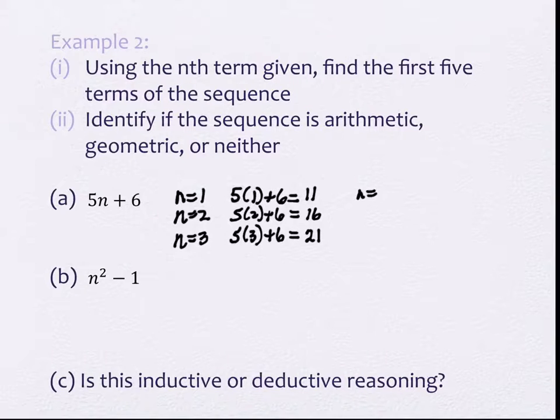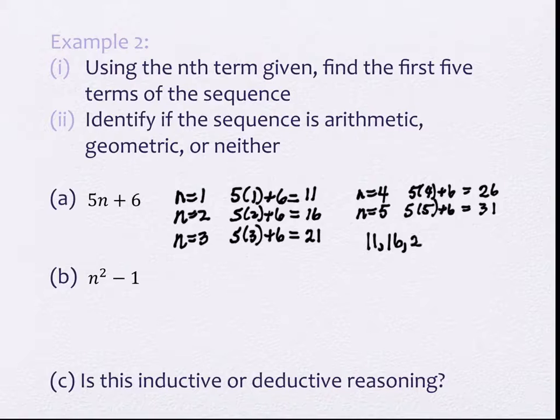How about n equal to 4? 26, and n equal to 5 will be our last one. 31. Okay, so those are our first 5 terms. 11, 16, 21, 26, 31.